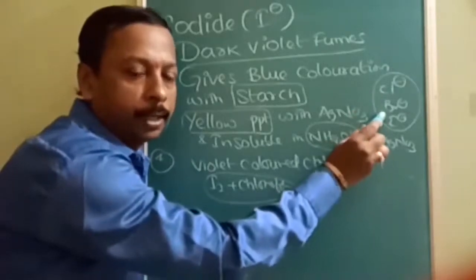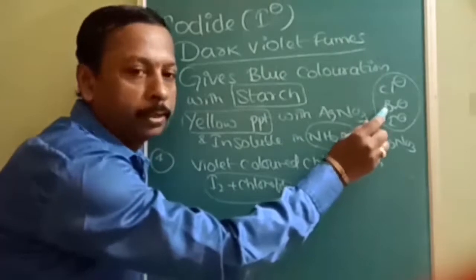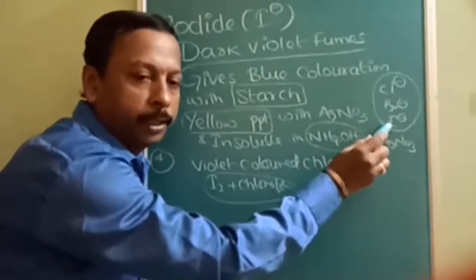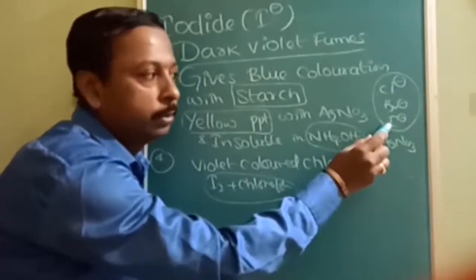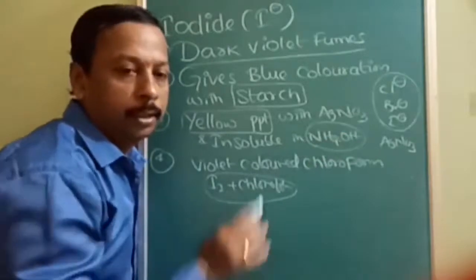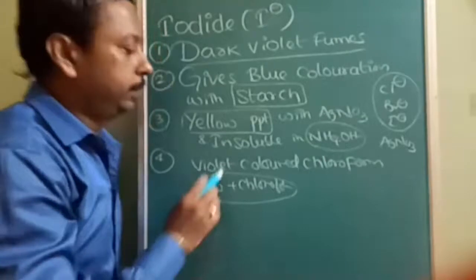If it is partial white or partial light yellow and partially soluble in NH4OH, it means Br minus. If it is completely insoluble in NH4OH and complete dark yellow, it is I minus. Okay, the observations are the same. This is about the observations.